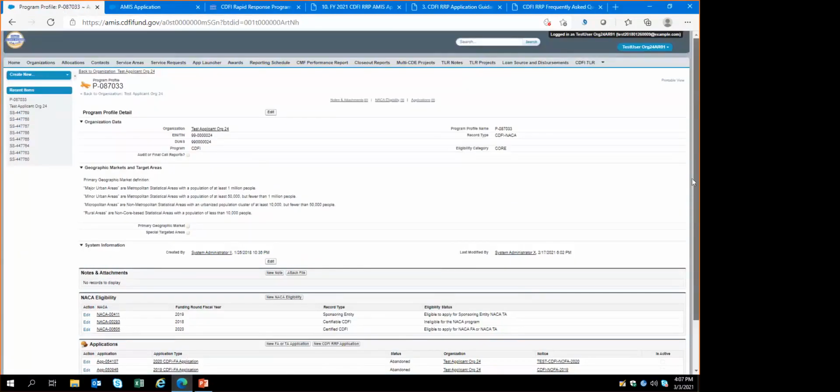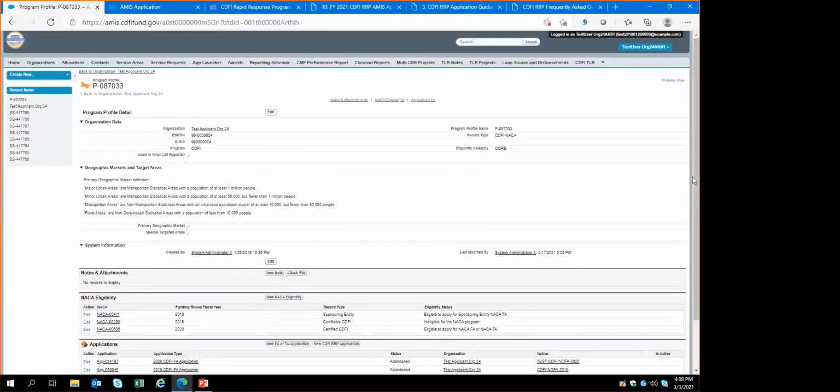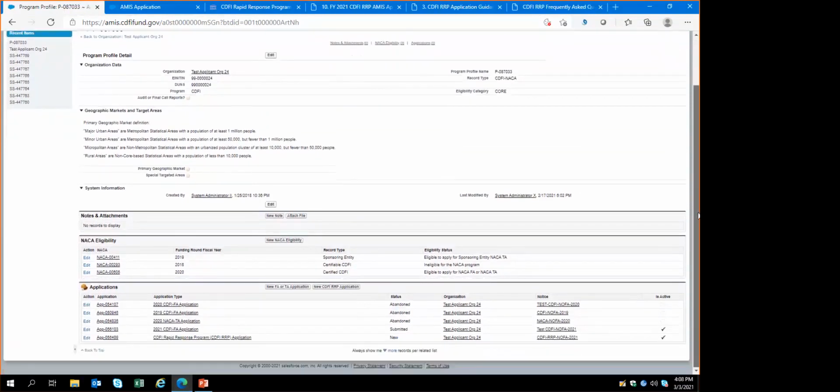If you can navigate, we can follow up with the specifics of your organization if there are still issues. But once you navigate to your organization's program profile for CDFI NACA, it should look like this. Then you would come down here and click on this number next to your Rapid Response Program application, and it should open up the application.